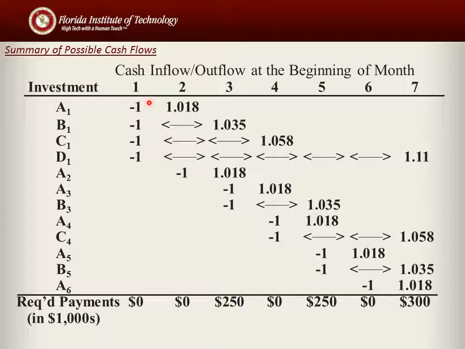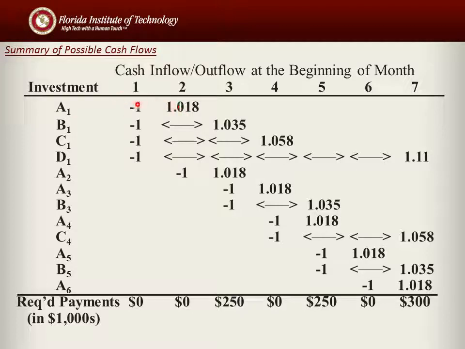After 1 month, if you invest in investment A in month 1, you're going to receive 1.018 of the amount that was invested in A1. That's what this is saying here. So at the beginning of month 2, you're going to have a cash inflow of 1.018 times A1.